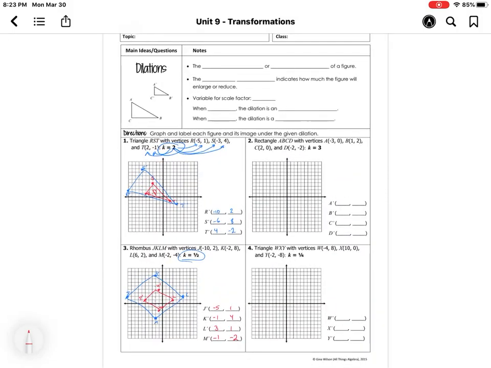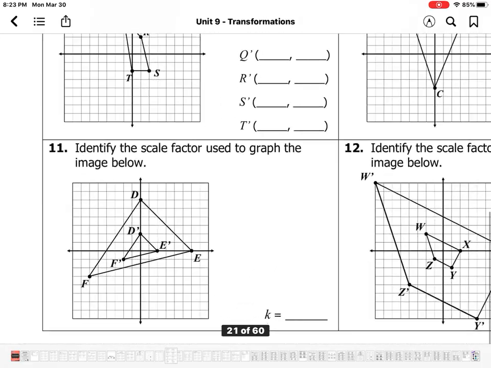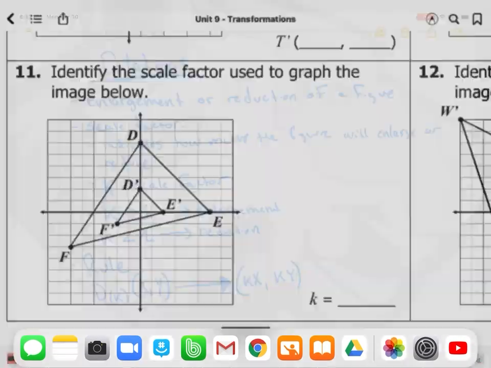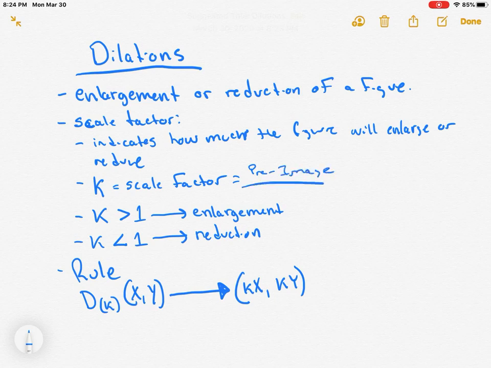Now, what happens if you are given the two figures and they ask you to identify the scale factor used? Well, when we try to find the scale factor, it is pre-image over image.